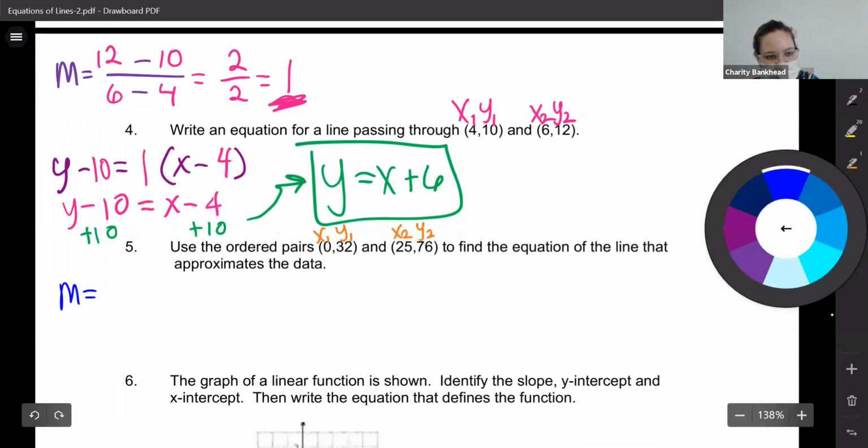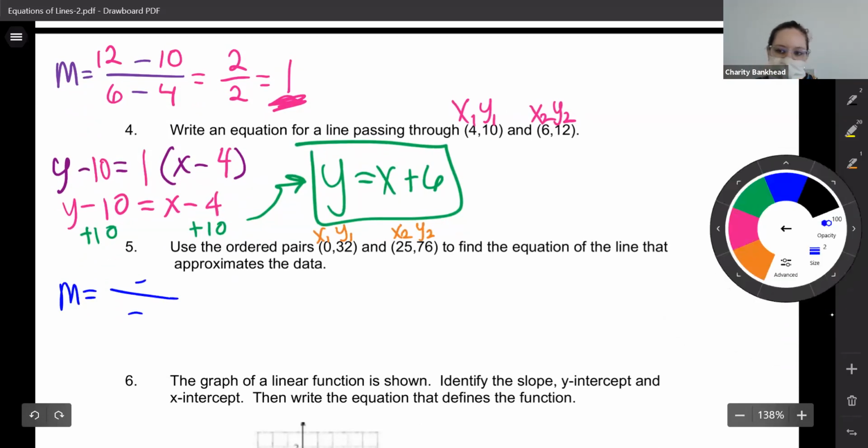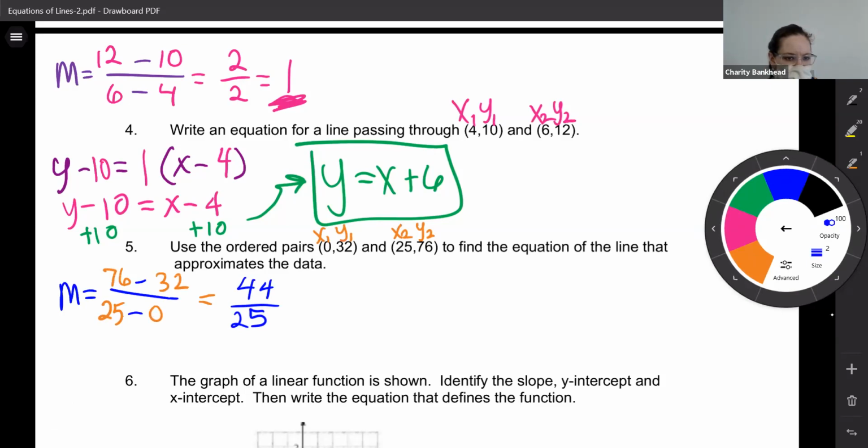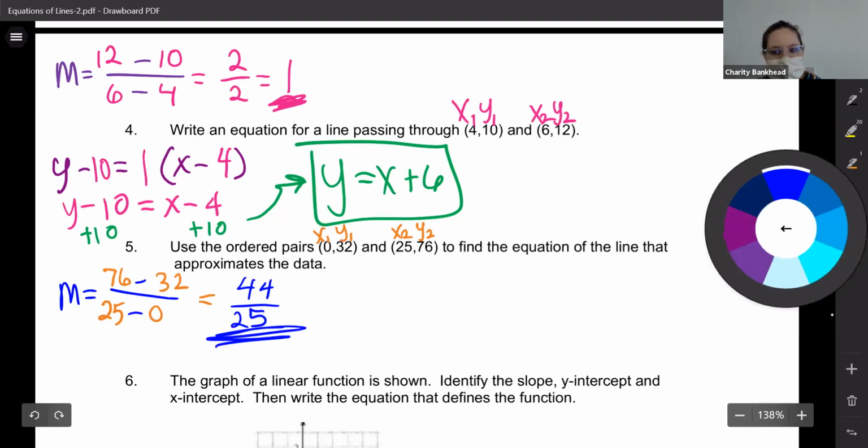So m equals 76 minus 32 over 25 minus 0. So that would be 44 over 25. So that's the slope.